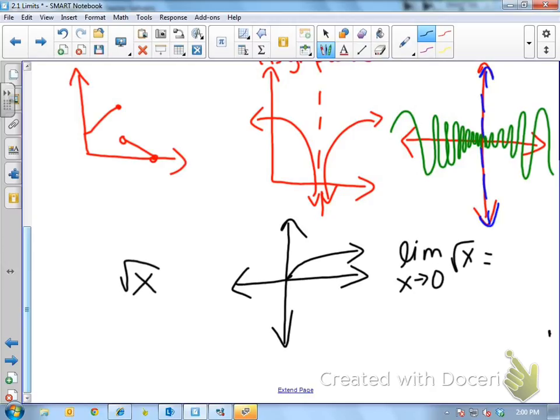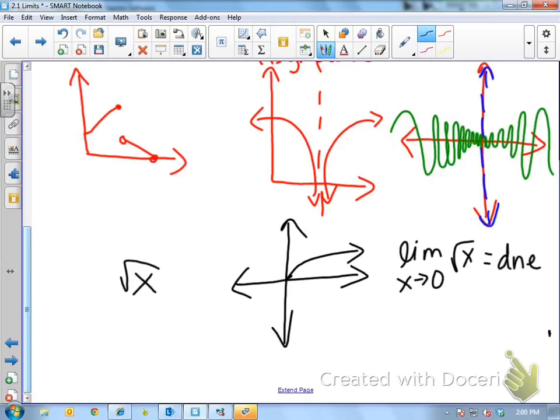What's the requirement for there to be a limit? Both sides have to approach the number. Well, what am I approaching from the right? 0. What am I approaching from the left? There's no domain. So this does not exist, even though I could plug in 0.